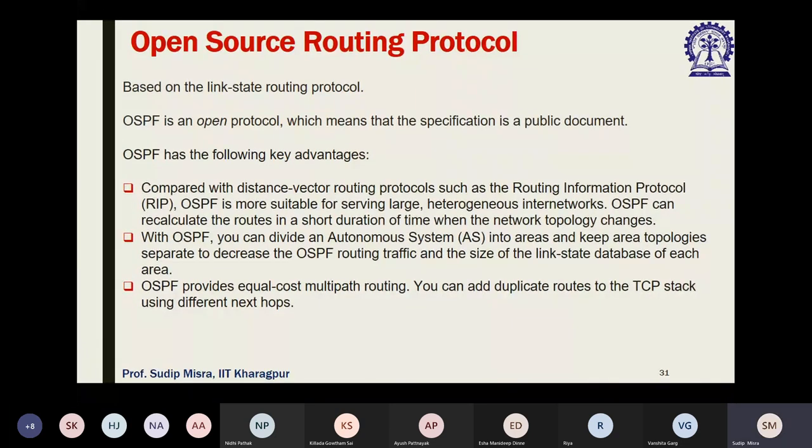Another feature of this OSPF protocol is called area-wise communication. What does it mean? Basically what OSPF does is that around every router, this entire network is going to be divided into different areas.